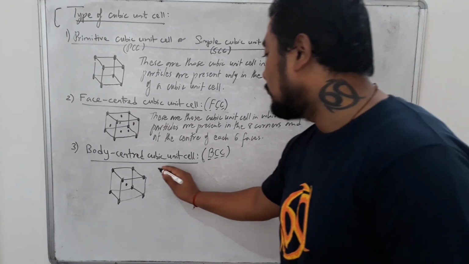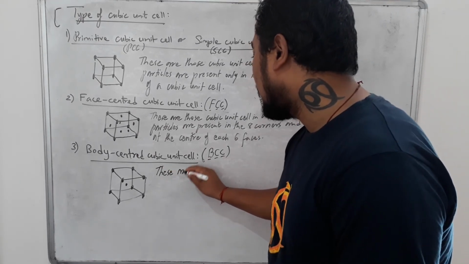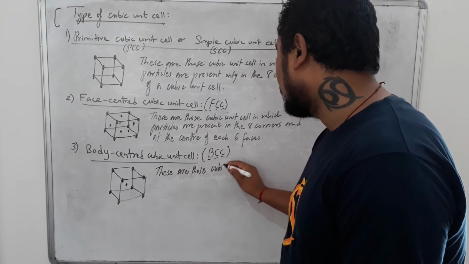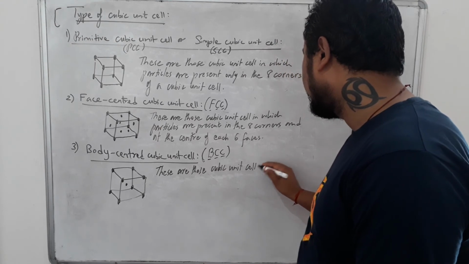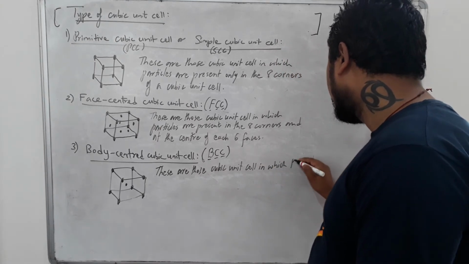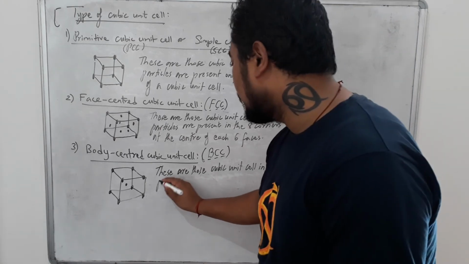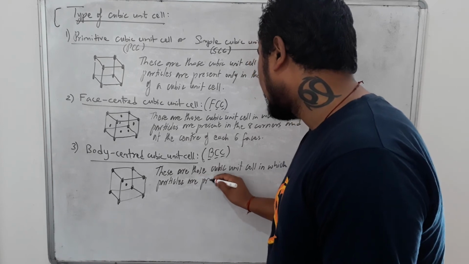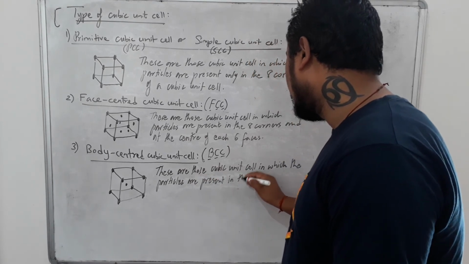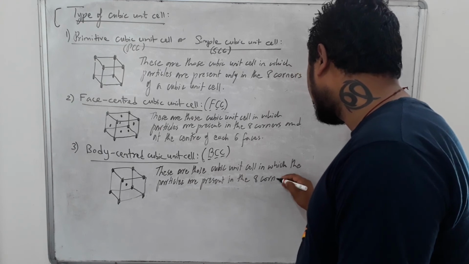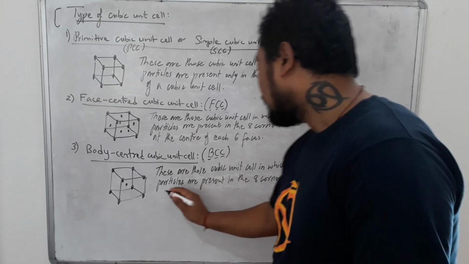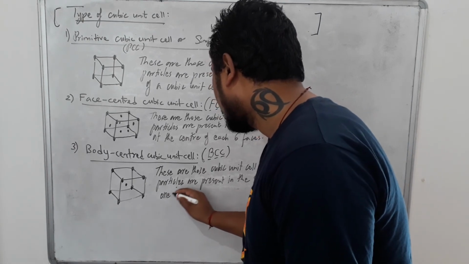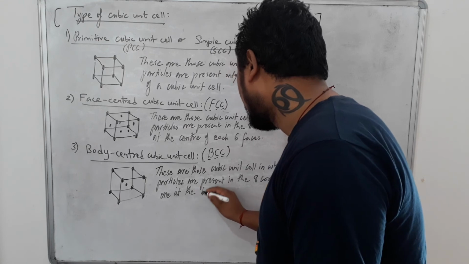So what is body center cubic unit cell then? These are those cubic unit cell in which the particles are present in the 8 corners and one at the body center.